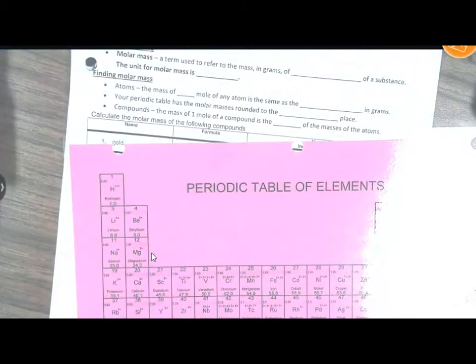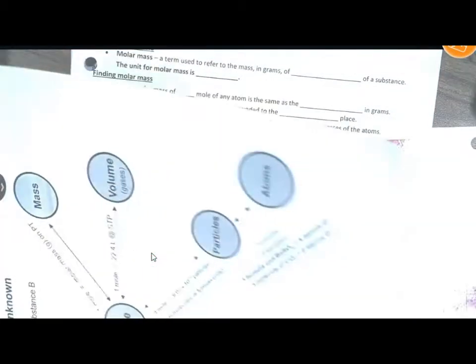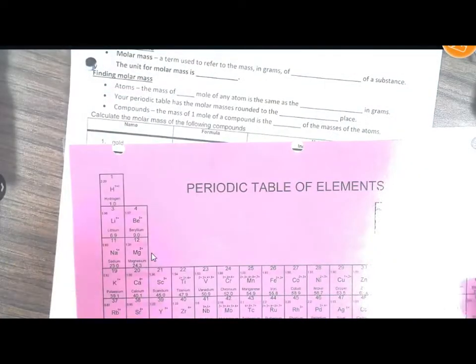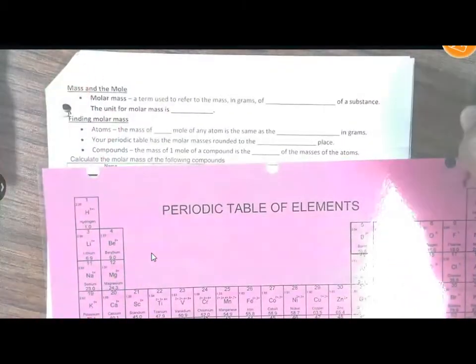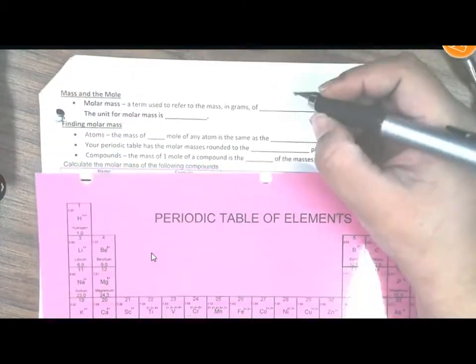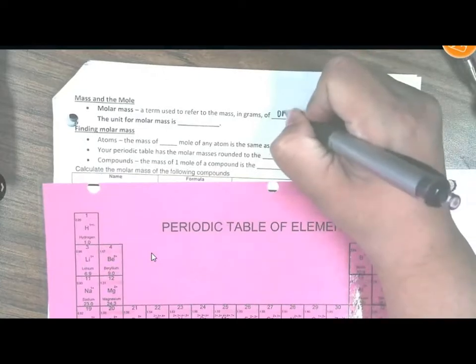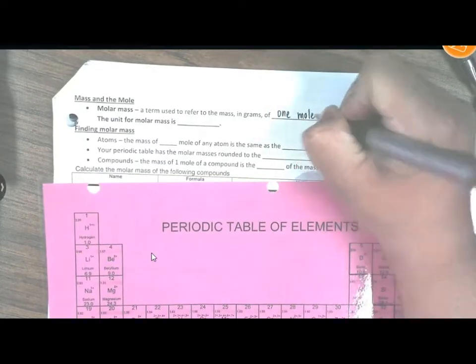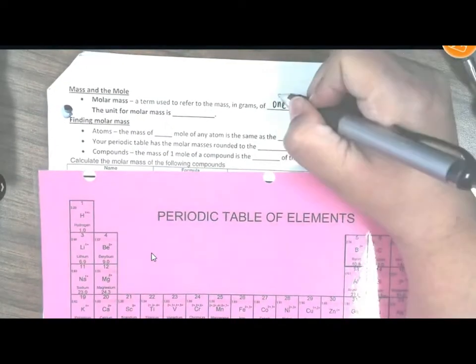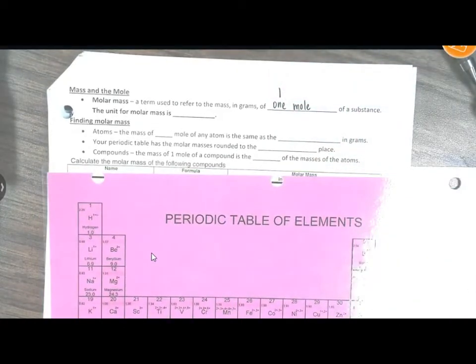So we need to learn about molar mass. Molar mass is a term used to refer to the mass in grams of 1 mole of a substance. Remember, in this chapter, 1 goes with the mole.